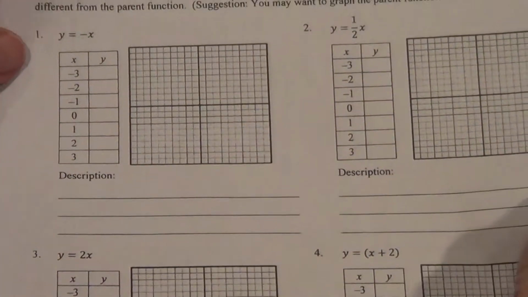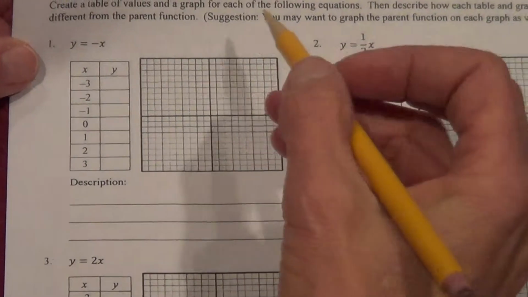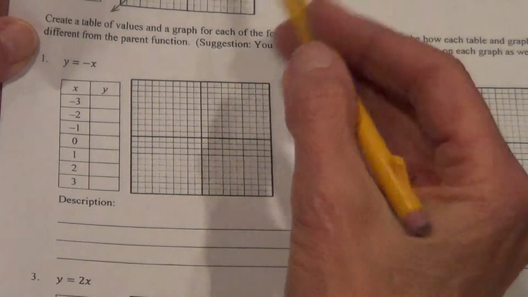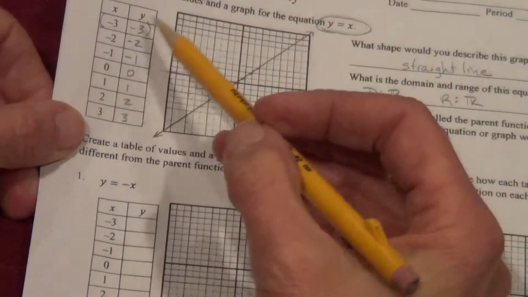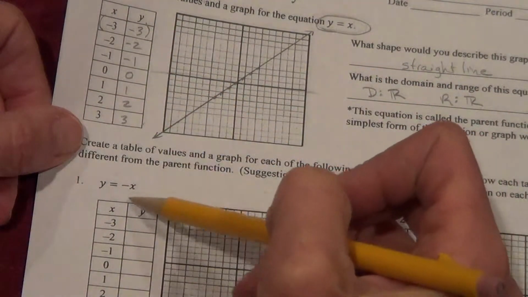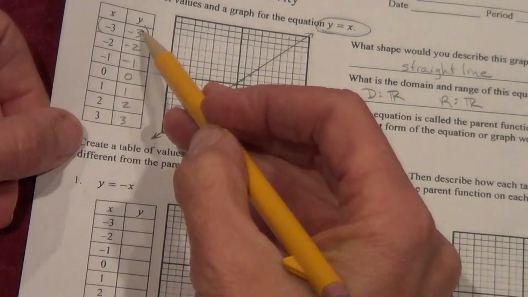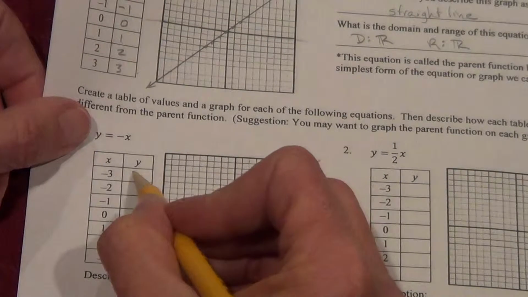And now you're going to go to number 1. On number 1, you notice the only thing that we've done to the parent function is we've put a negative out in front. So basically, you're taking all of your x values that you got and you're multiplying them by a -1. So you can just take these up here, multiply them by a -1.